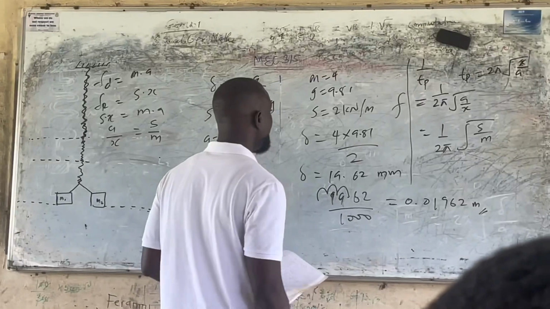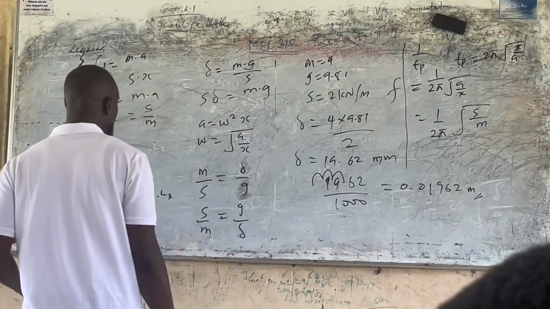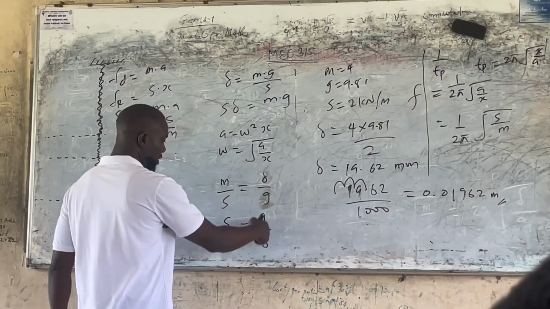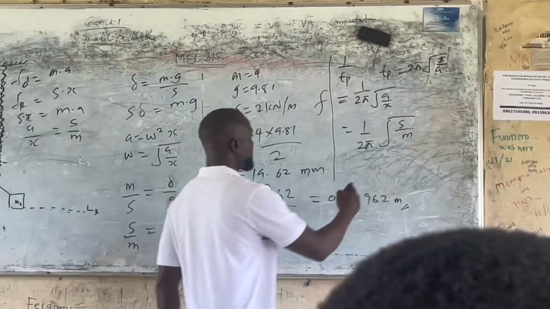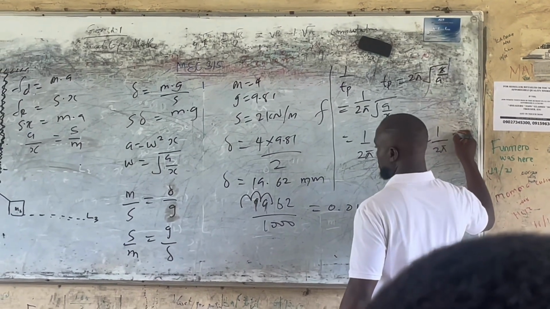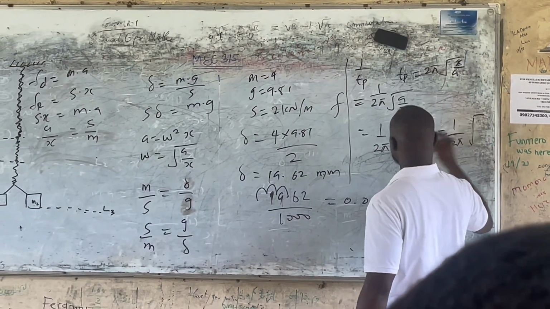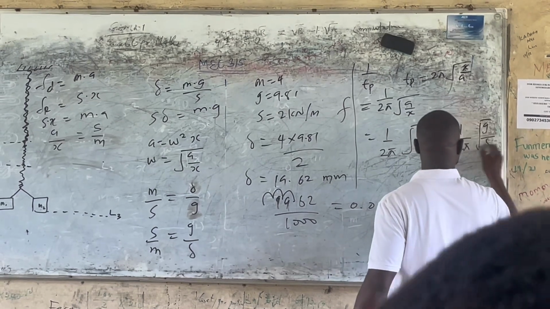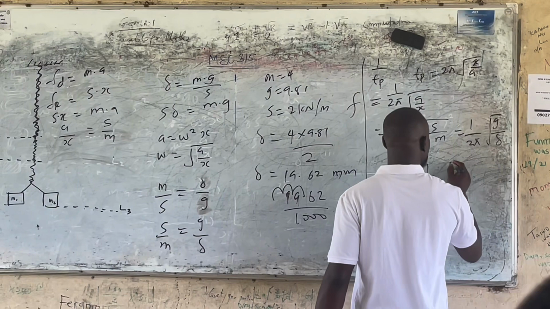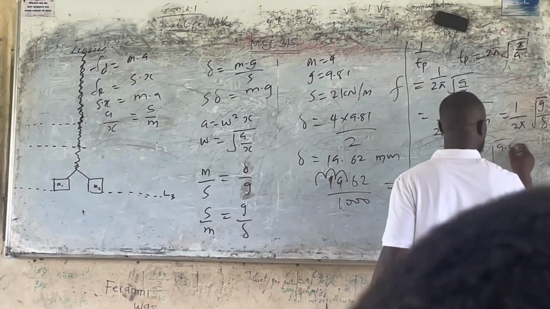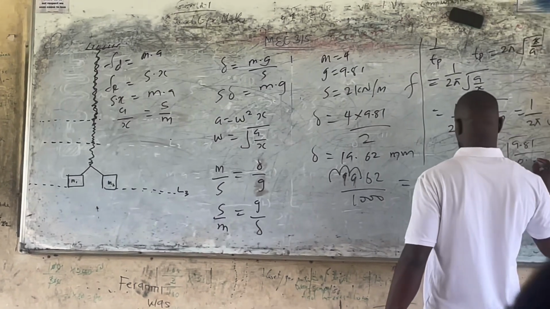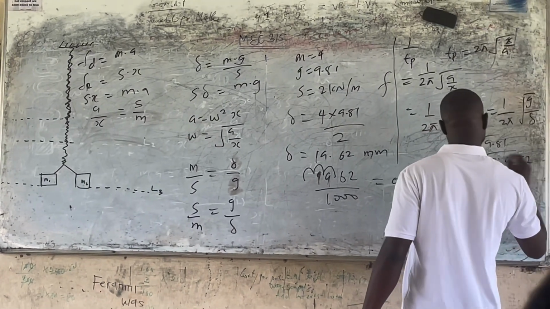Stiffness over M, which is also equal to what? G over delta. That means it's also equal to 1 over 2 pi root G over delta. So to give us 1 over 2 pi root 9.81 over 0.0196.